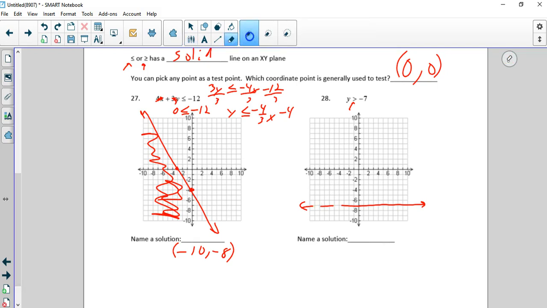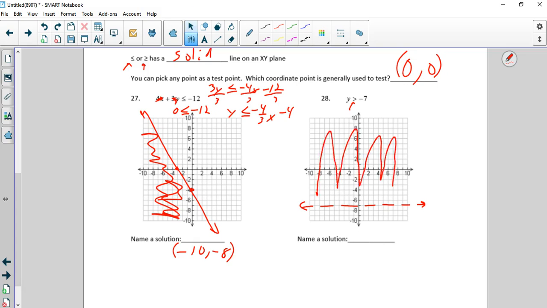So I can go back, if I screwed up, with a pencil and make my line dotted. I really don't have to test because common sense says greater is above. But if I tested a point like 0, 0, 0 is greater than -7, you betcha, and I can use that point as my solution. I can use any point above that line as a solution.